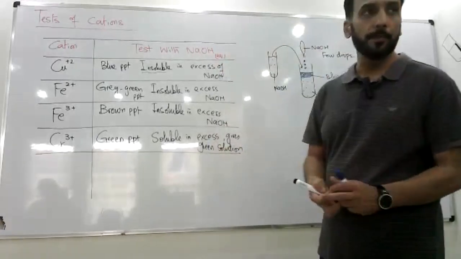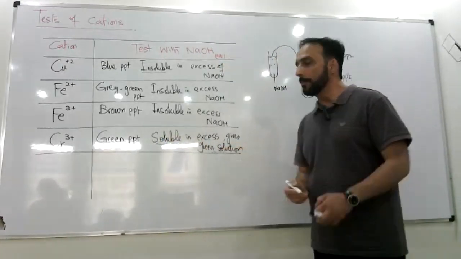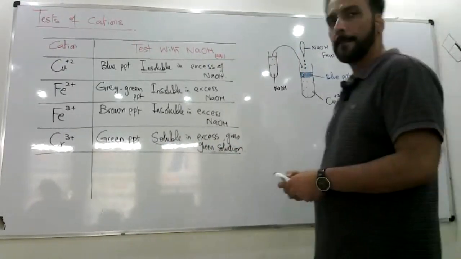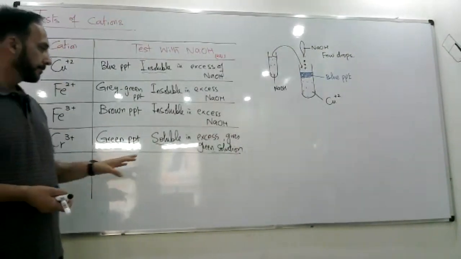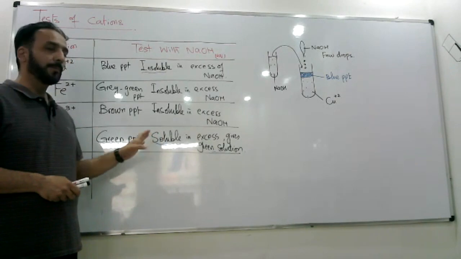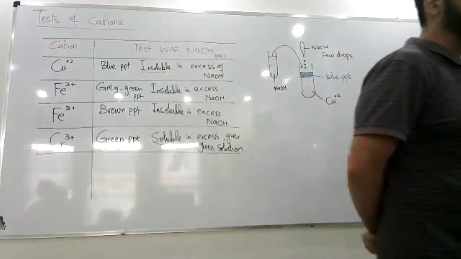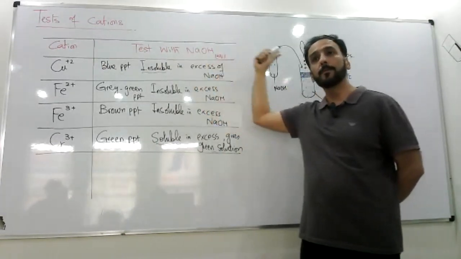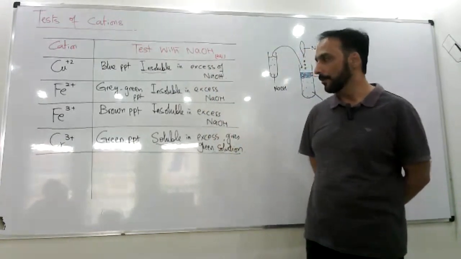Like the precipitate of chromium are soluble in excess of NaOH, and afterwards they form a green solution. नहीं, chromium की बुक में soluble है। हाँ ठीक है, एक्चुअली जो अमोनियम हाइड्रोक्साइड है उसके साथ ही इनसॉल्युबल। यहाँ पर NaOH है और फिर अमोनियम हाइड्रोक्साइड भी है, but that is soluble in excess of that.